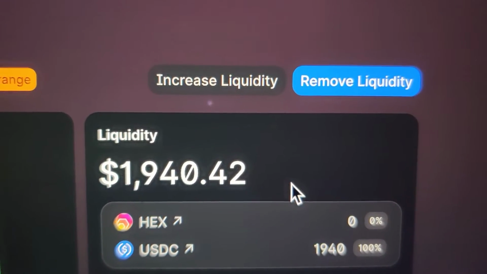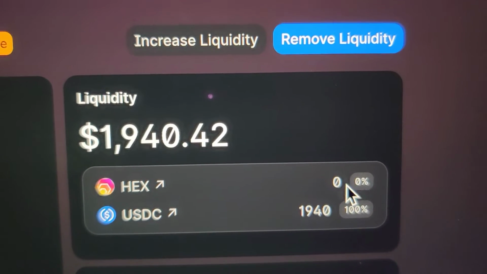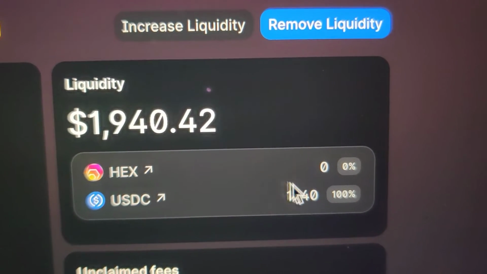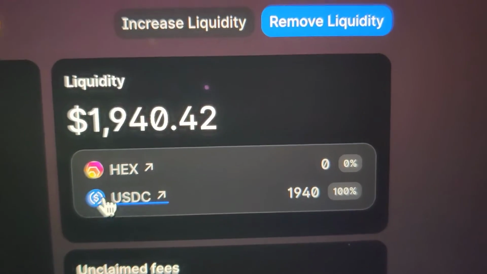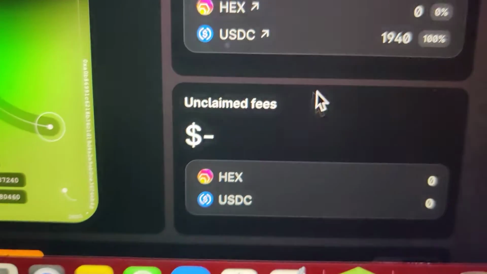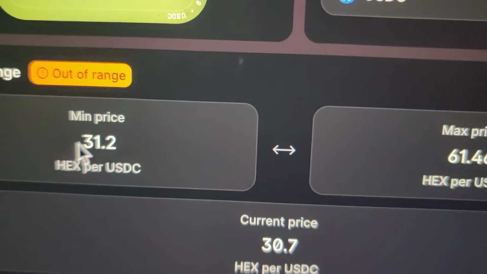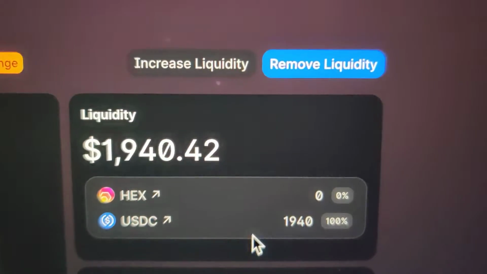My position is that much. I provided that much USDC. And I think I'll bounce between having that much USDC and that times between 31.2 and 61.46 Hex.